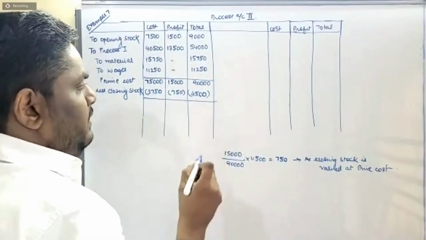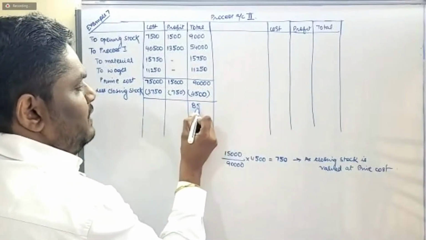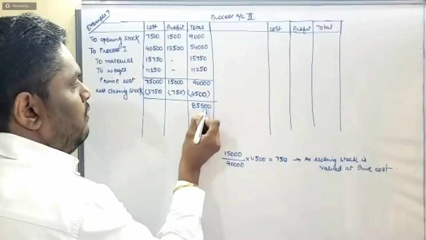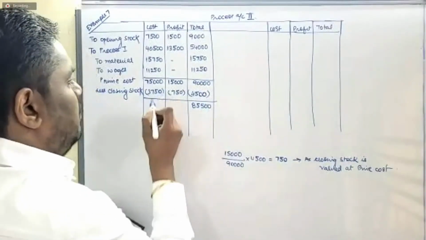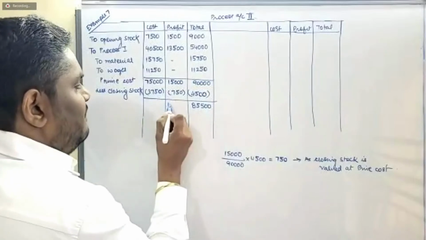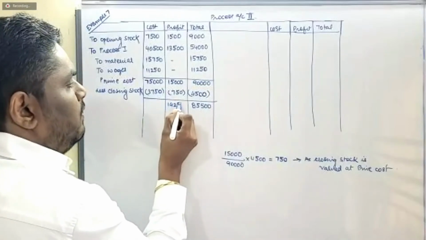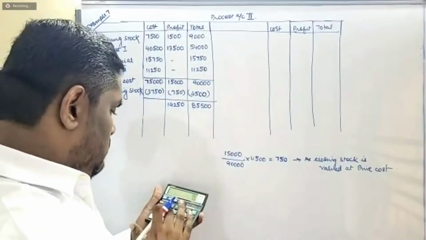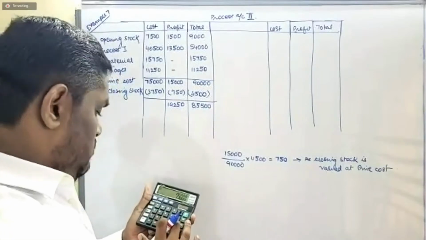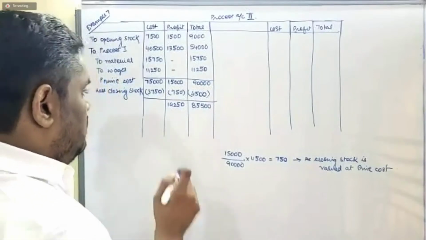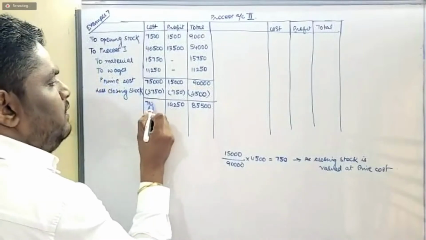So this will be 85,500. This will be 14,250. This will be 71.